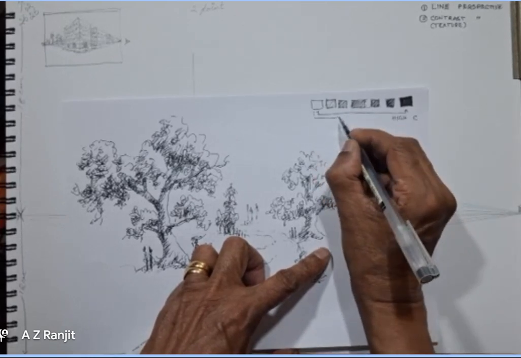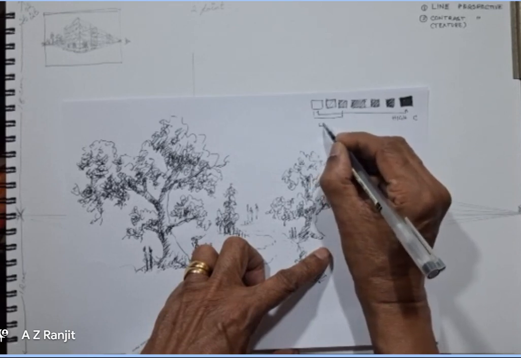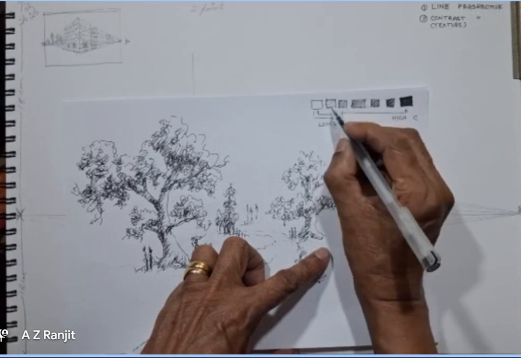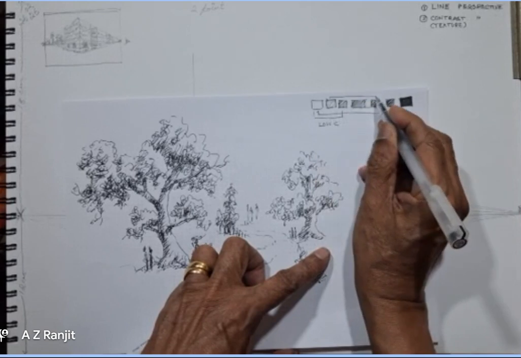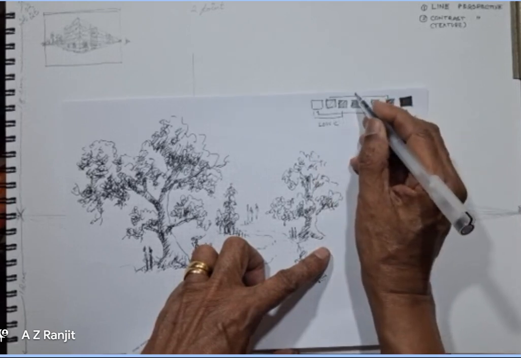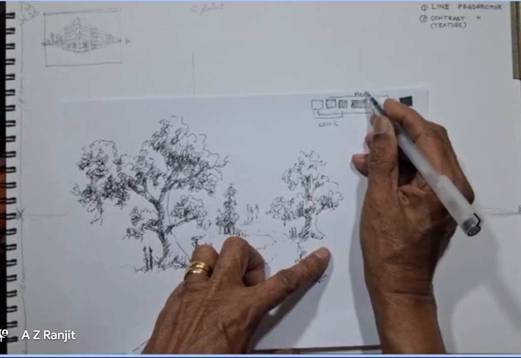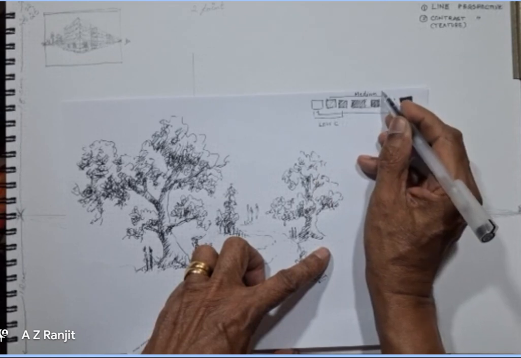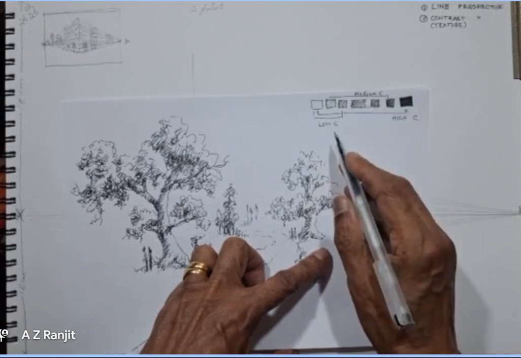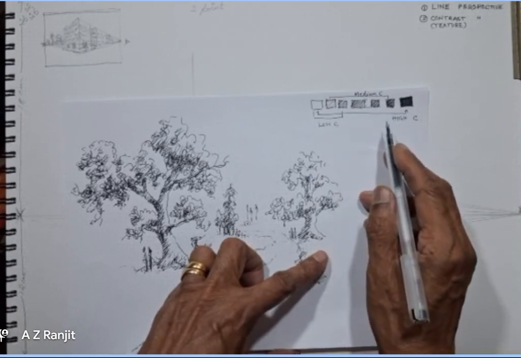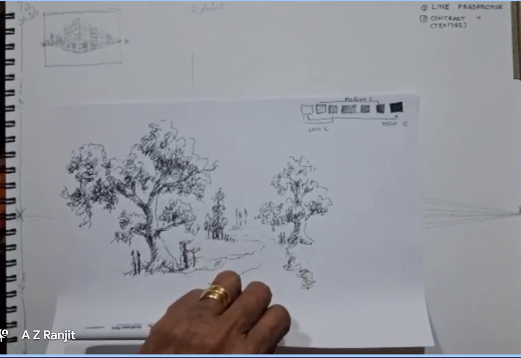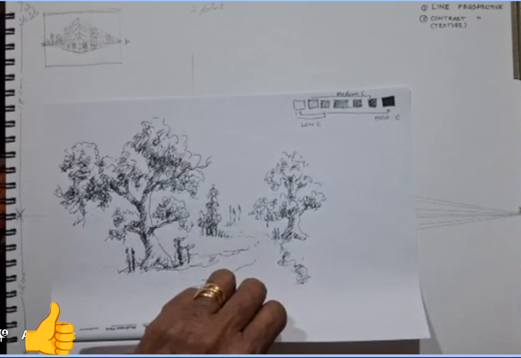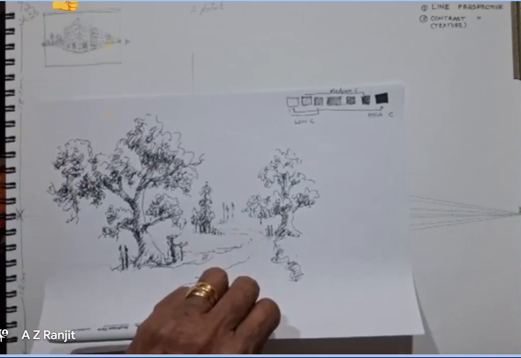Between this and this, low contrast. Between, say, this and this is medium contrast. Okay? Do you get my point? Do you understand what I'm talking about? Is there anybody who doesn't understand what I'm talking about?